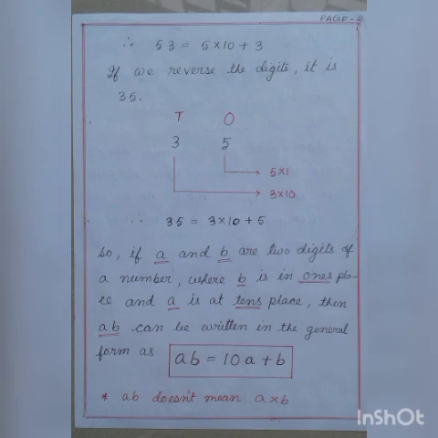You have to remember that AB is not A into B. AB is just the number to represent, but AB is not A into B.